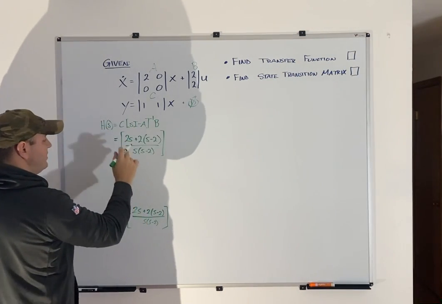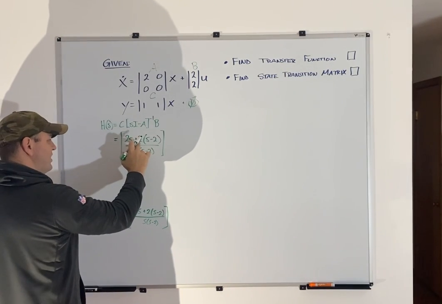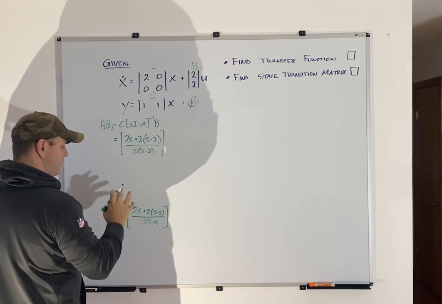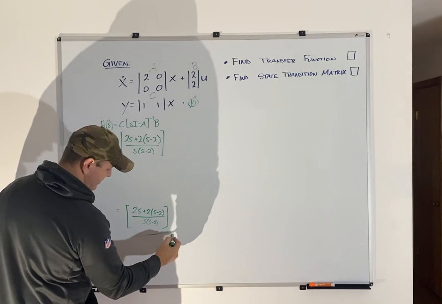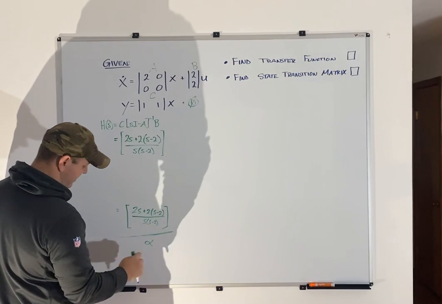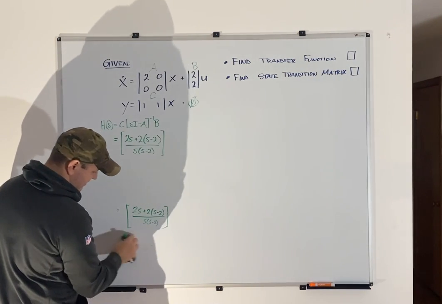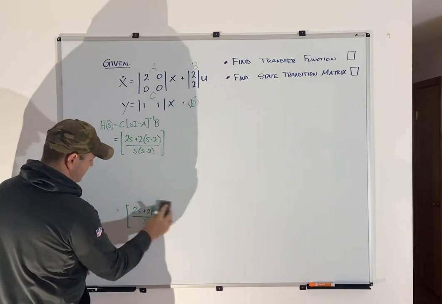Don't get it twisted. When I was doing the numerator denominator thing in the previous operations, remember I was doing it underneath the matrix, as if to say I'm going to element-wise divide everything in the matrix by the denominator. This expression is one expression, numerator over denominator.